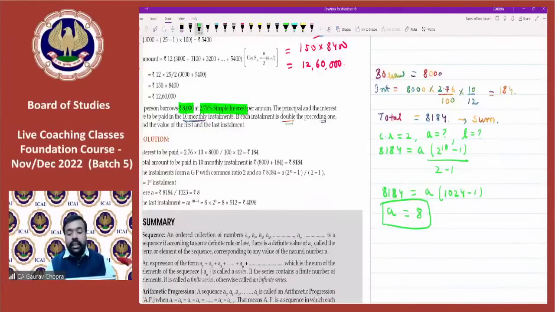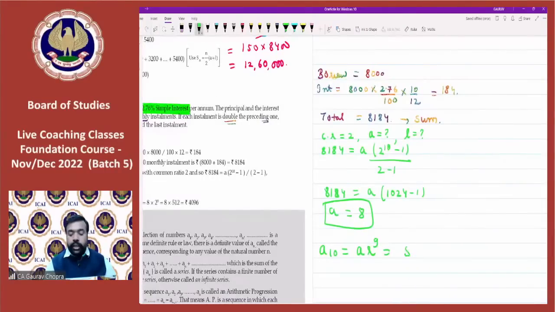That is the 10th installment, a10. a10 will be a r to the power of 9. In place of a, we can write 8. And what is r? r is 2, to the power of 9. So how much are we getting? 2 to the power of 12. So 4096 becomes the last installment. So the first one is 8, the last one is 4096. So these are the installments.